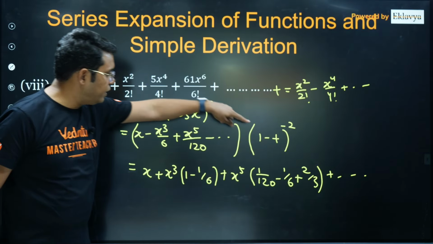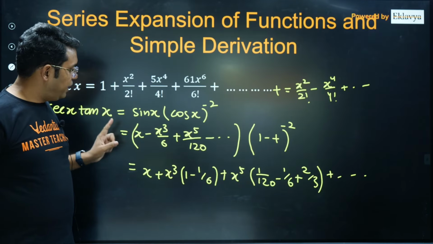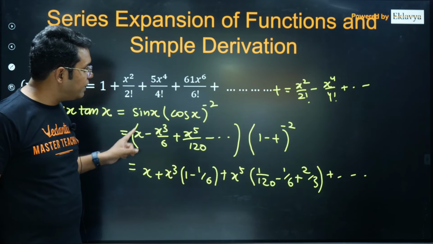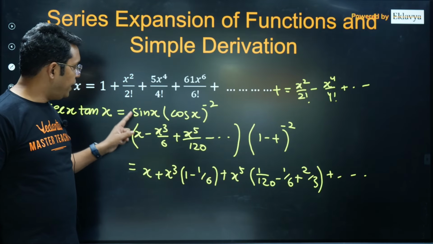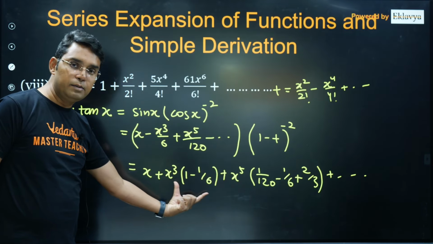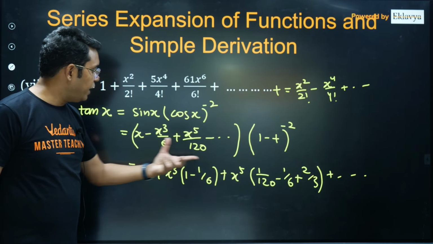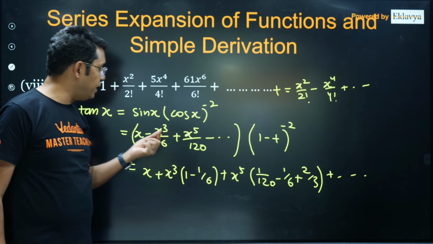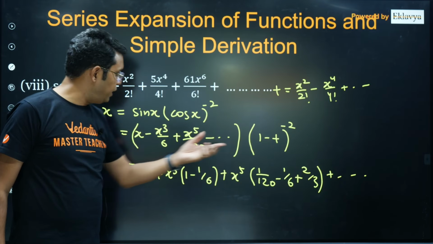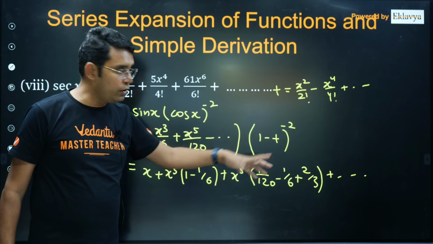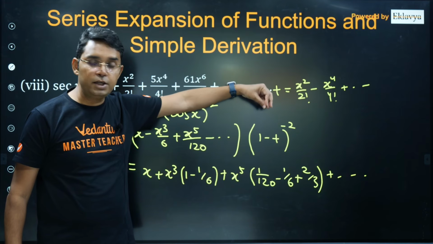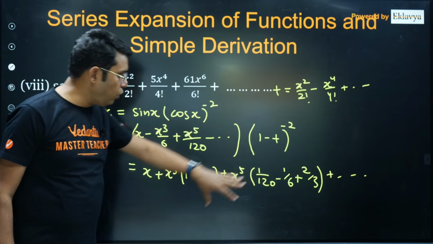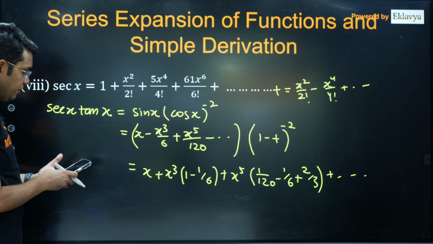I think x will come with 1 multiplied with x only, whereas x cube will come when this x is multiplied with x square here and x cube multiplied with 1 here. So those are our 2 terms here. Similarly, for x power 5, you will get it at 3 places: when x power 5 is multiplied with 1 here, x cube multiplied with x square here, and x multiplied with x power 4 here. You can see what 1 minus t power minus 2 is, so you will get all these terms. Okay, then I think we are done.